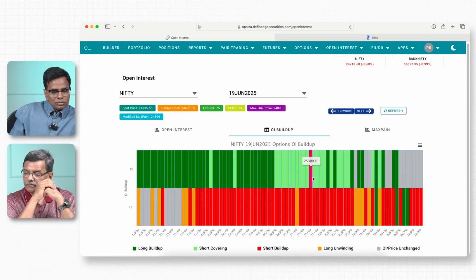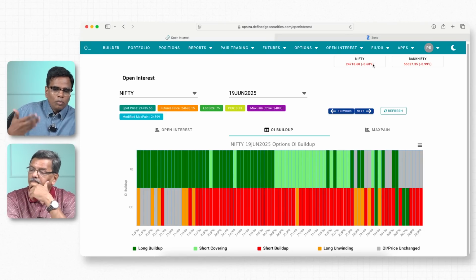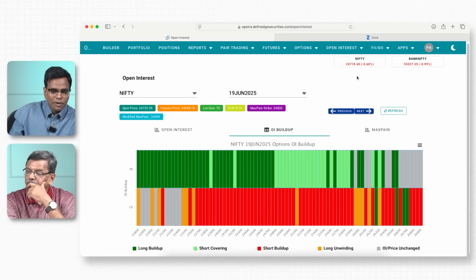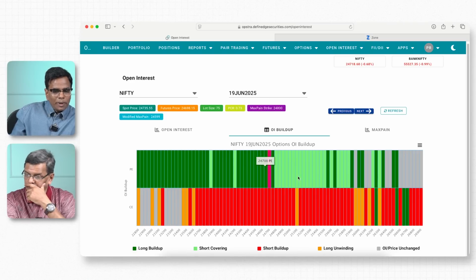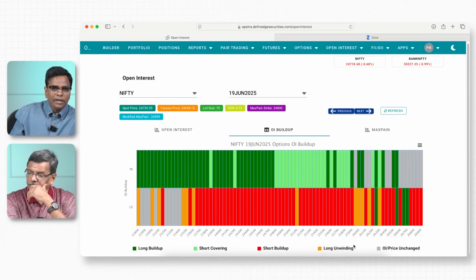Based on what has happened today, the market gapped down. It was a bearish day for us. As you can see on the top, Nifty closed down around minus 0.7%, so overall it was a bearish day. Long build-up and short covering are bullish scenarios for any given option, and short build-up and long unwinding are bearish.